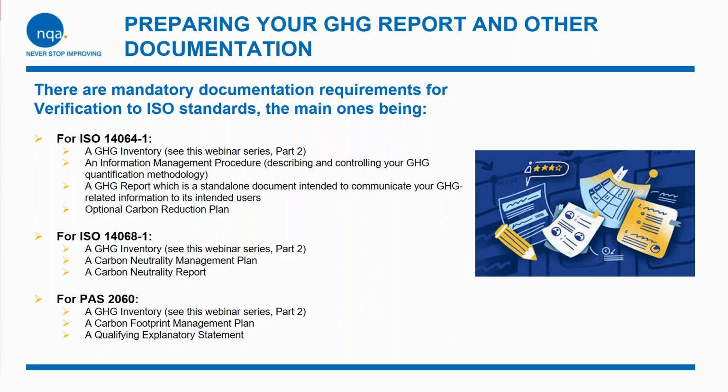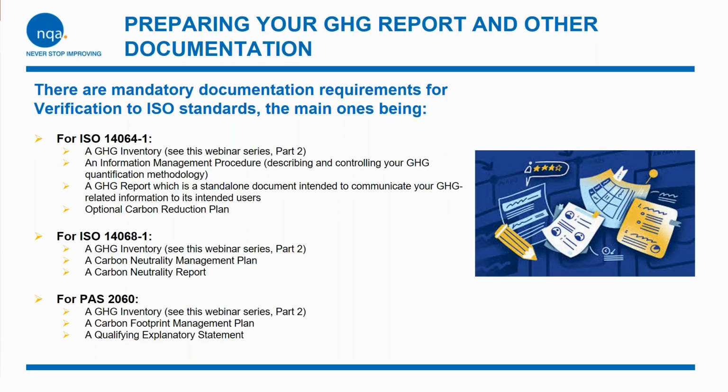It also requires an information management procedure, describing and controlling your greenhouse gas quantification methodology. A greenhouse gas report, which is a standalone document intended to communicate your greenhouse gas related information to its intended users, and then the optional one within there is a carbon reduction plan.